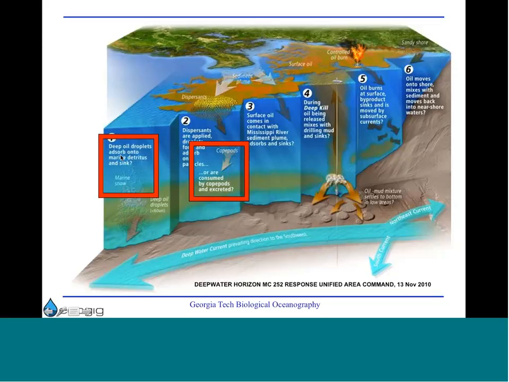And there may well be other biological and chemically driven pathways that will lead to oil being captured and transformed into sinking particles, some of which at least may make it all the way down to the sea floor. This was a very early attempt to capture those ideas, and in fact we know now that all of these processes are important, and that a fair bit of oil ended up in these midwater ecosystems and down on the sea floor.